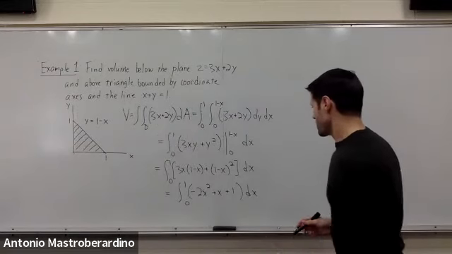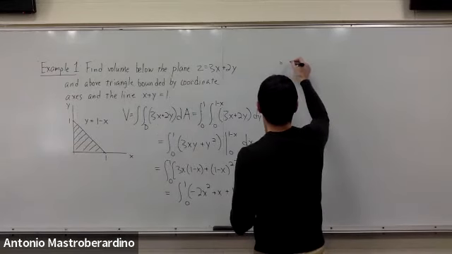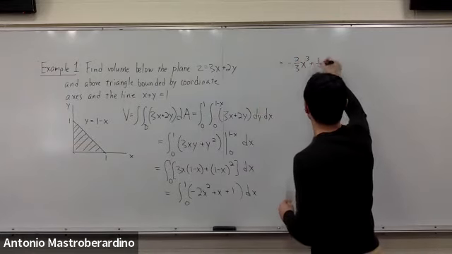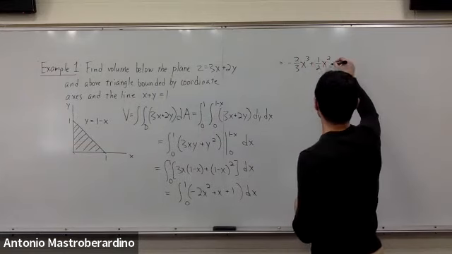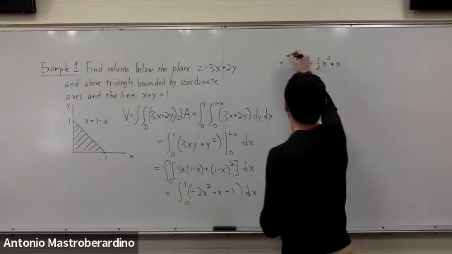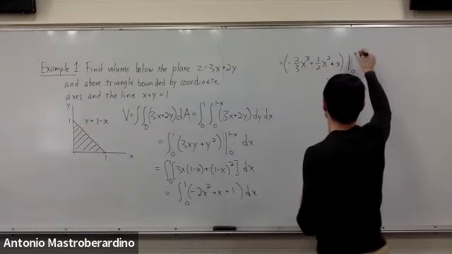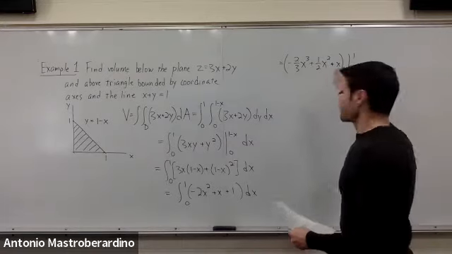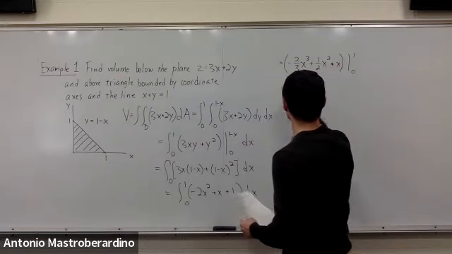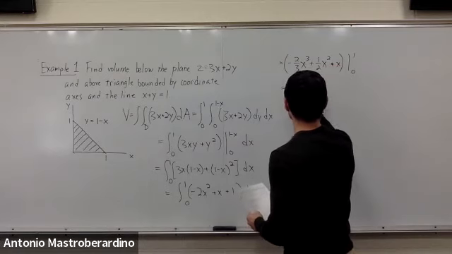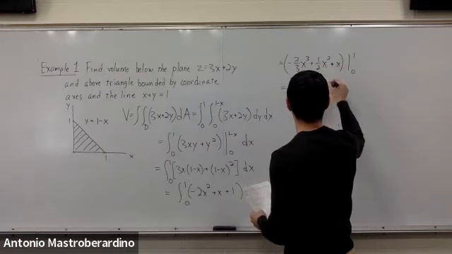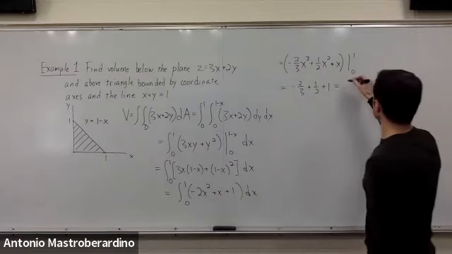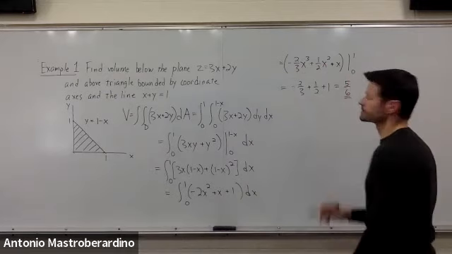So the antiderivative of the minus 2x squared is minus 2/3 x cubed, and then we get a plus 1/2 x squared, and then a plus x. Limits of integration are 0 and 1. And then again, if we plug in 0, we get 0. If we plug in 1, we just get minus 2/3 plus 1/2 plus 1, and then simplifying all of that should be 5/6. Okay.